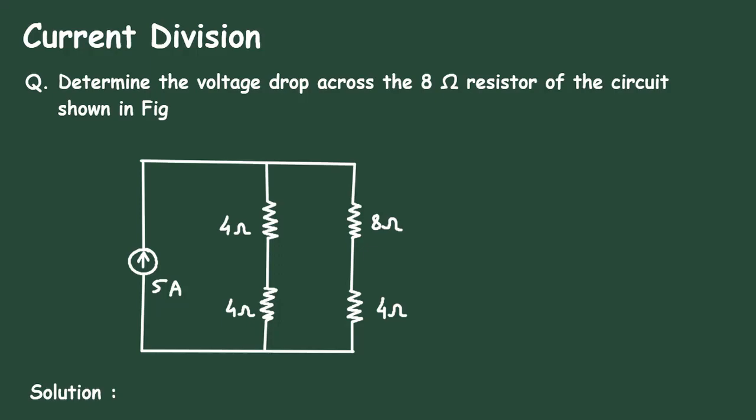So R1 value is 10 ohm. So 10 multiplied by R2. The value of R2 is 5 plus R, divided by 10 plus 5 plus R. So this will be 50 plus 10 R divided by 15 plus R. Now the value of equivalent resistance is given.